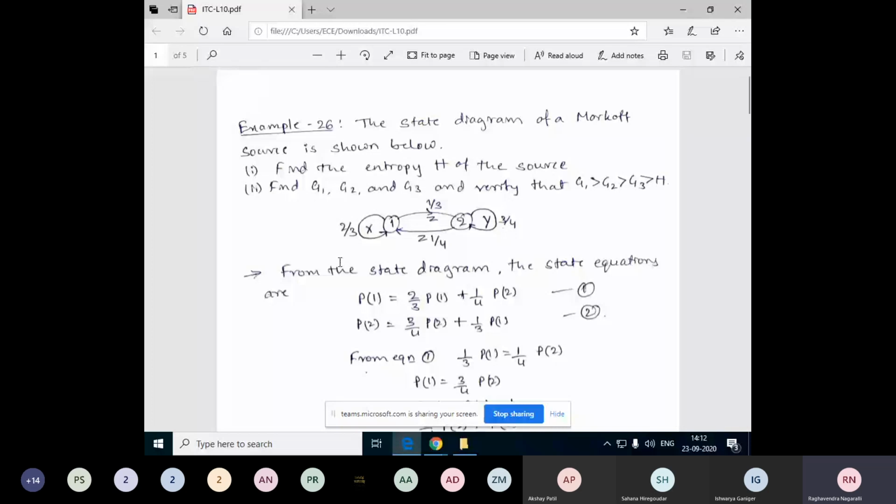Okay. So from the state diagram, the state equations are: P of 1, the probability of state 1, is equal to 2/3 into P of 1 plus 1/4 into P of 2. We already discussed in our previous class what transitions we need to consider to write the state equations.